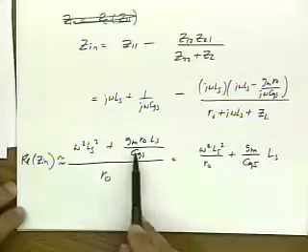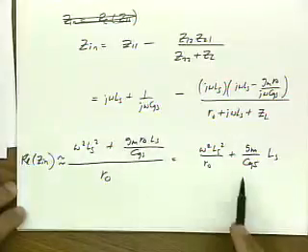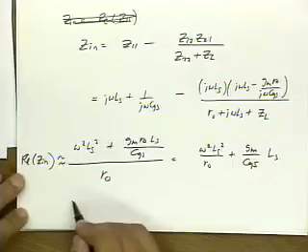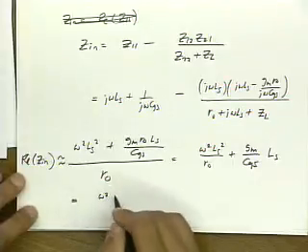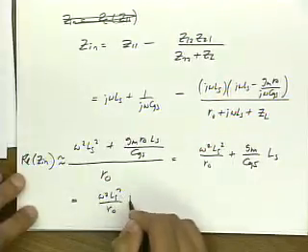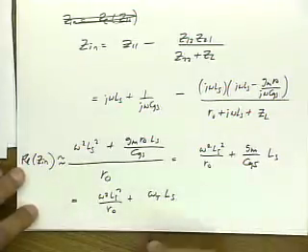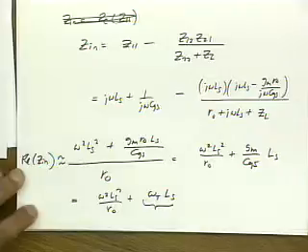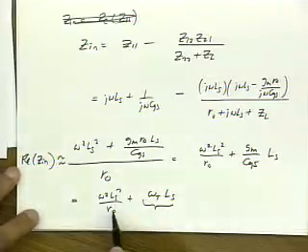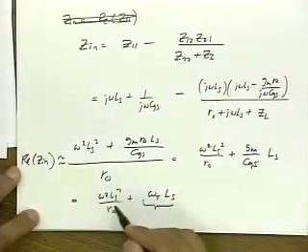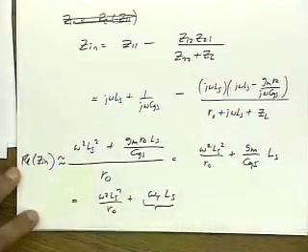So I'm dividing, Ro cancels out, and so I can write this as omega squared Ls squared divided by Ro plus omega T times Ls. Okay? And again, if I assume Ro is sufficiently large, then we can say that this term will dominate.